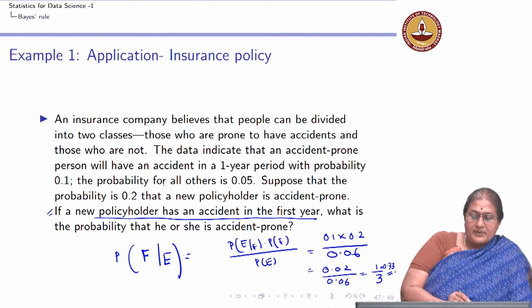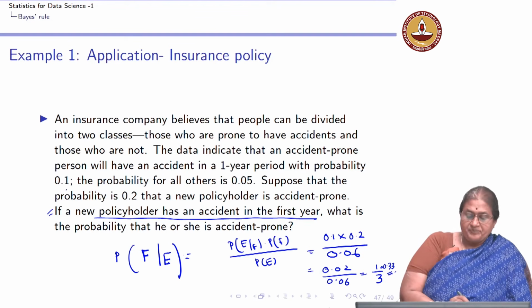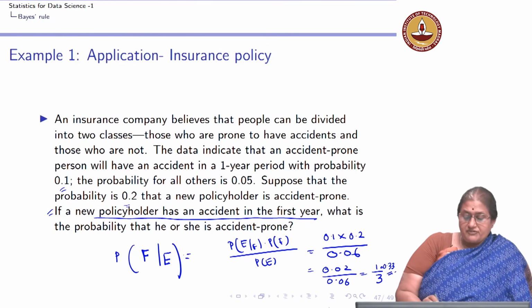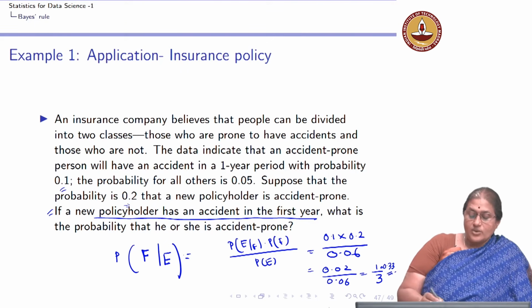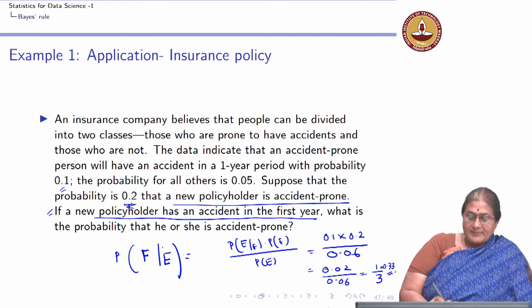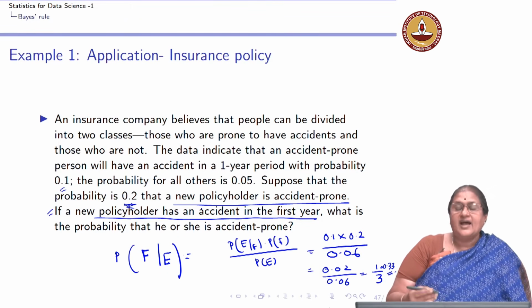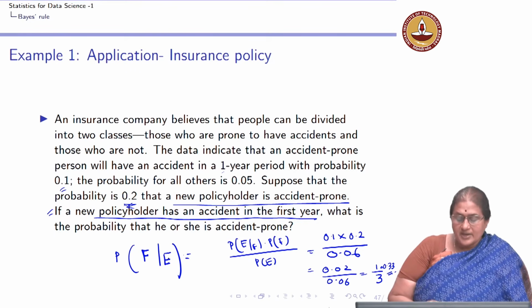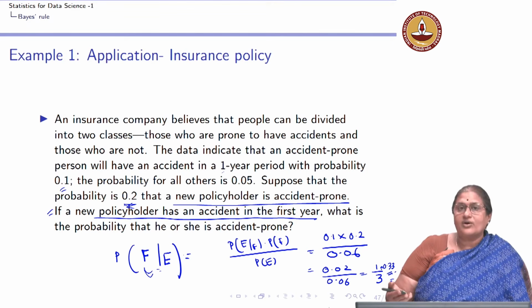You see that independently, the chance that a policy holder was accident prone was 0.2, but given the extra information that a new policy holder has had an accident within a 1 year period, the probability of being accident prone changes to 0.33, or increases.